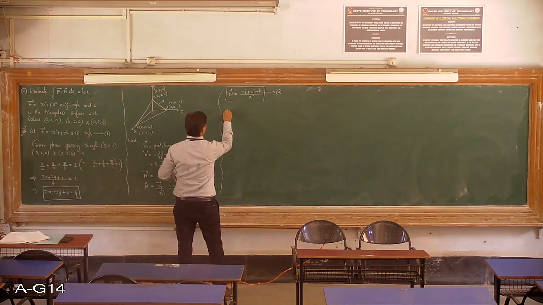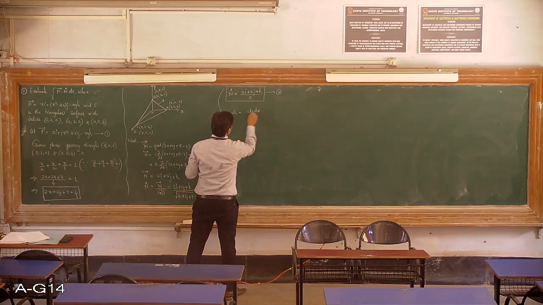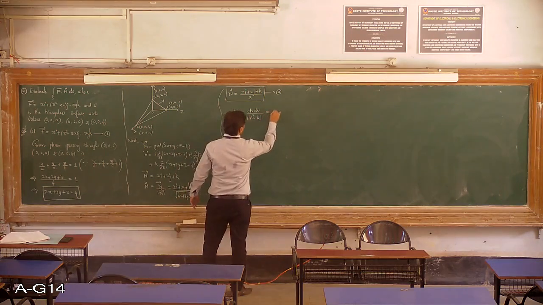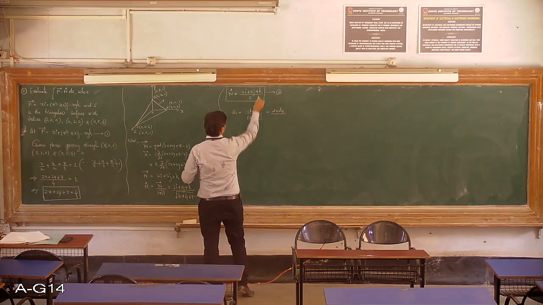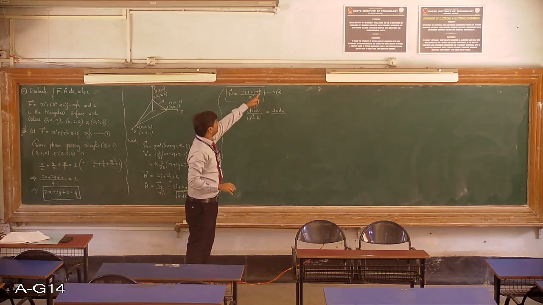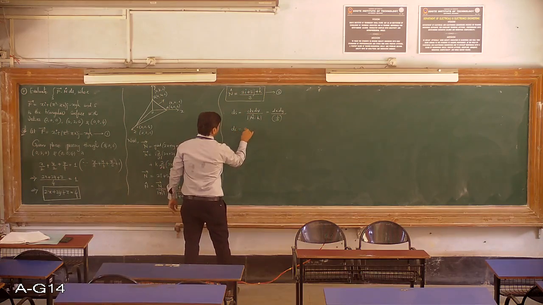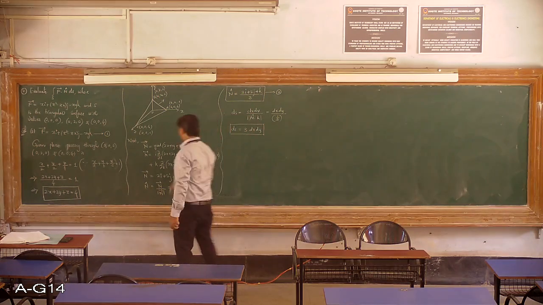Therefore dS is equal to dx dy divided by n cap dot k. What is k? The unit vector along the z-axis. So dS is equal to dx dy divided by n cap dot k. Here the other terms will be zeros, and only the coefficient of k will remain, that is 1 by 3. That means dS is equal to 3 dx dy.